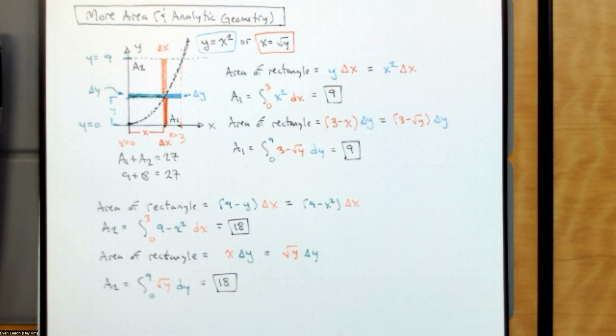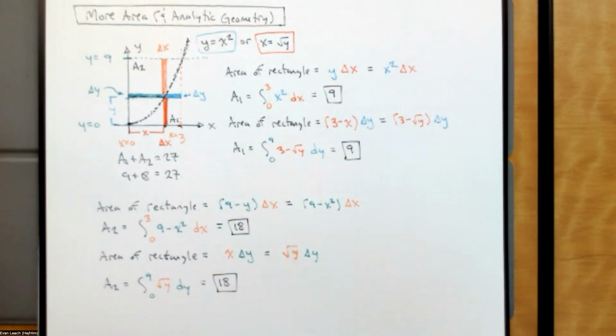What we're thinking about here is two different things. What's x between and what's y between? That's the thinking that goes into setting up these definite integrals. What's x between and what's y between? That's what we're trying to think about.